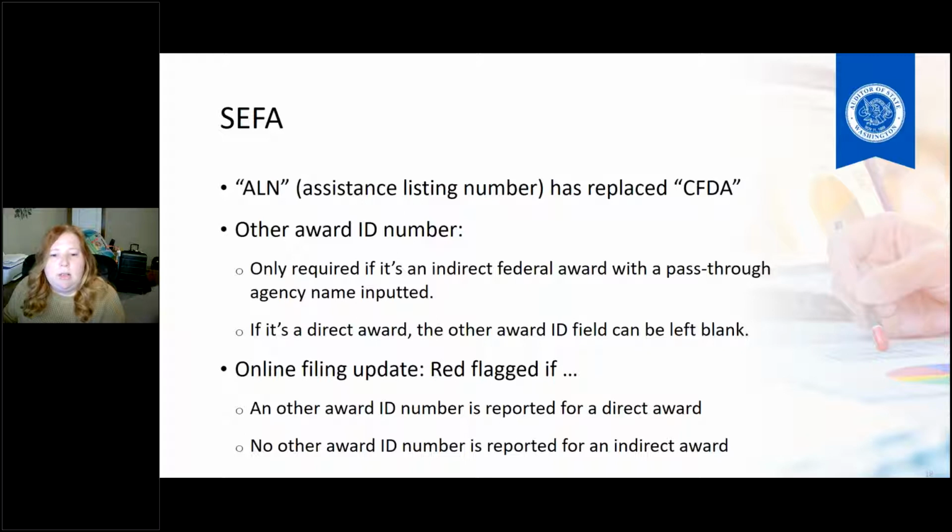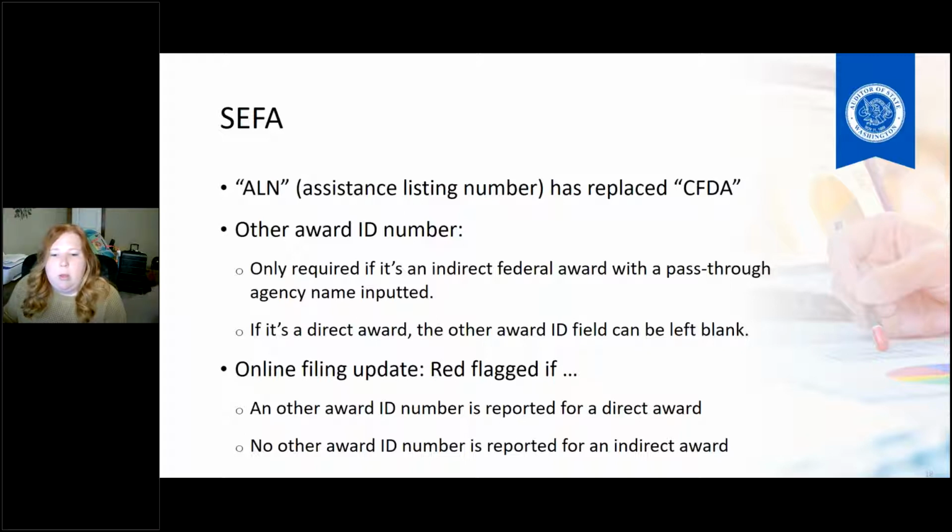But the other award ID number is actually only required if it's an indirect federal award. If it's a direct award, then you don't need to report the other award ID number. So now you can just leave that field entirely blank, and that is the correct way to report direct awards.